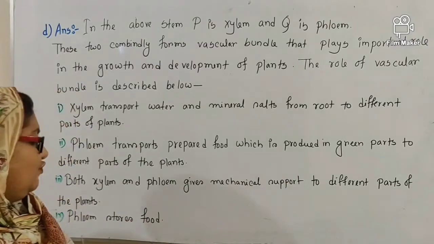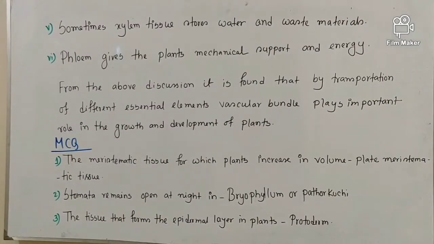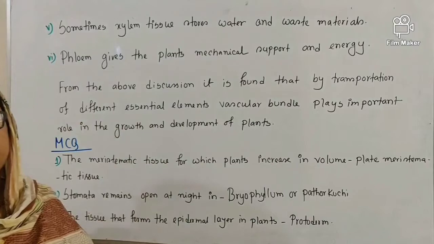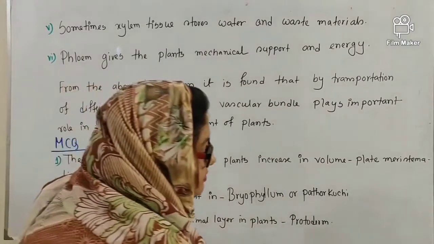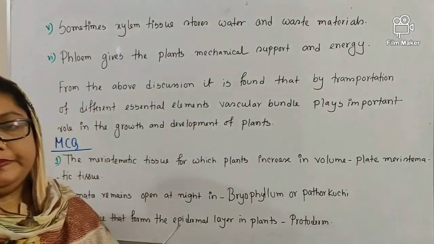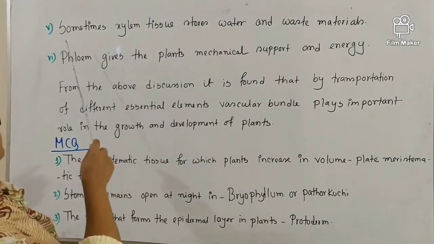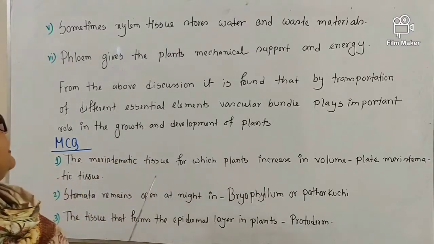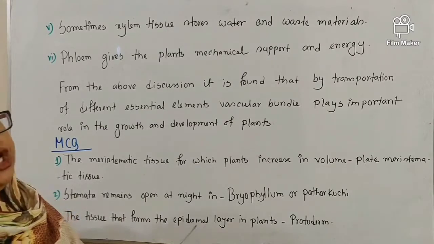And number 4, phloem stores food. The next point is, sometimes xylem tissue stores water and waste material. Then phloem gives the plant mechanical support and energy.